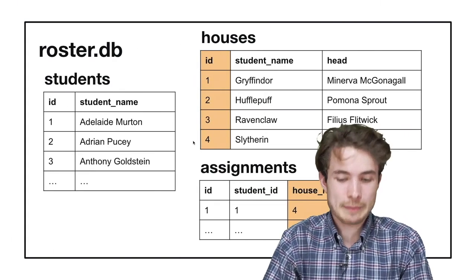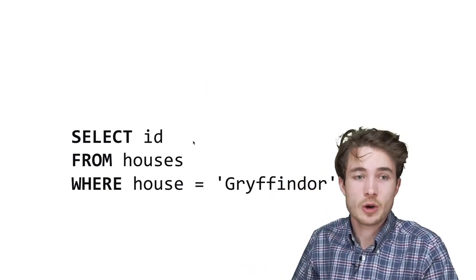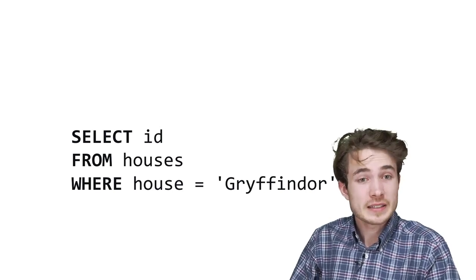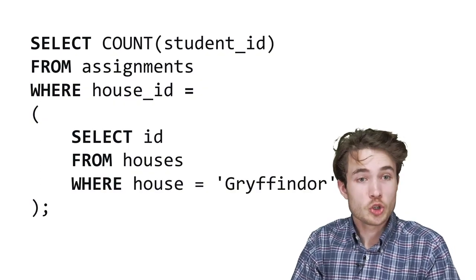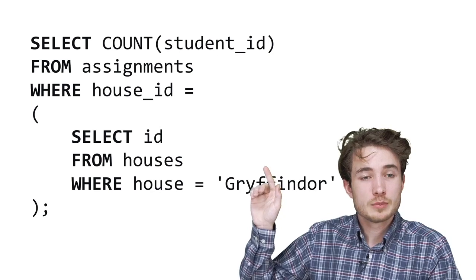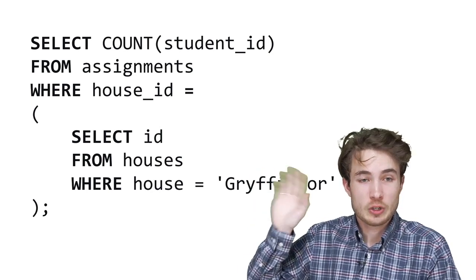So as an example here, let's say we first run this query, right? Select ID from houses where the house is Gryffindor. Give us the ID of Gryffindor. Then let's feed the results of that query into a larger query, this one, the above. So here, notice how we have some parentheses saying that this query first will be run at the very beginning.